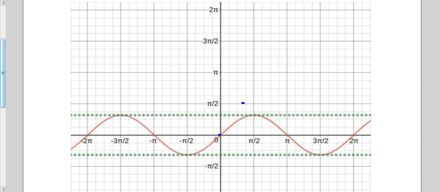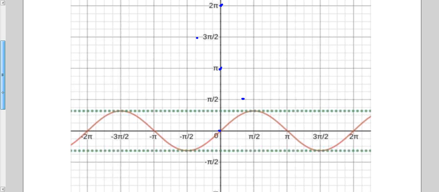What's my sine? 0 again. Here, I go down to 3 pi over 2, and I'm at negative 1, which is about right there. And then at 2 pi, I'm at what again? 0. Sine is 0 here.